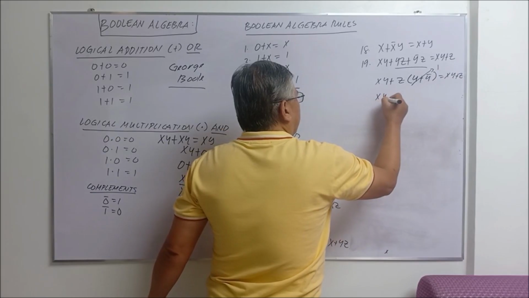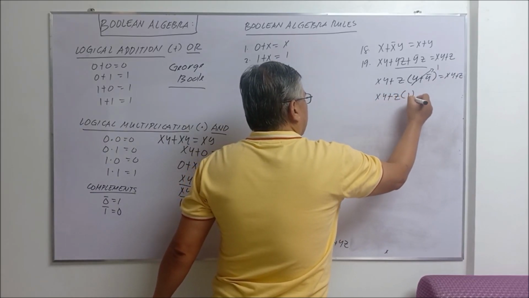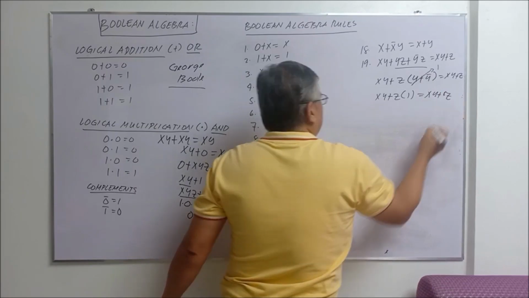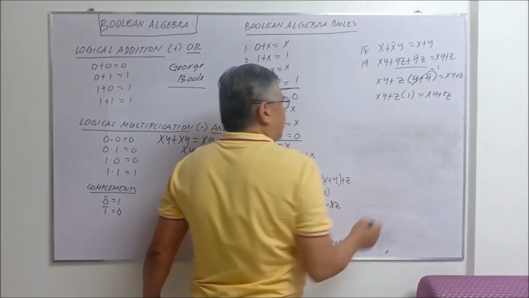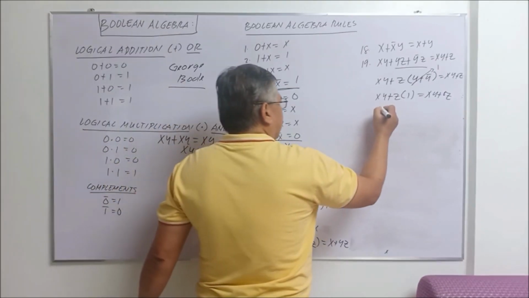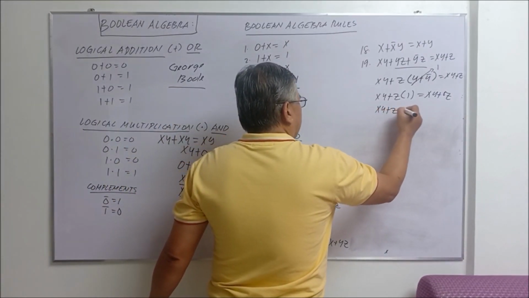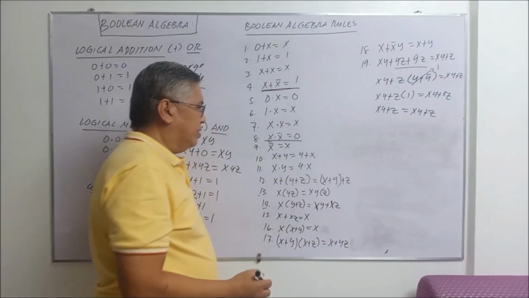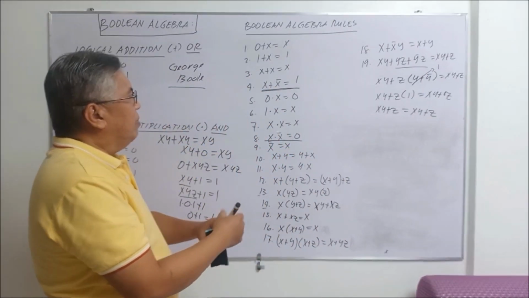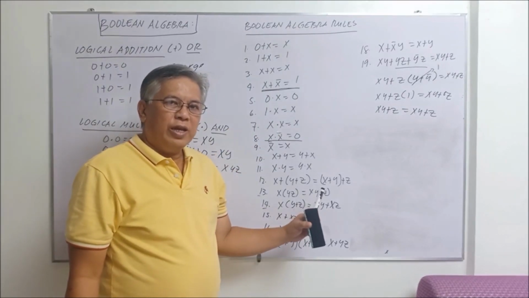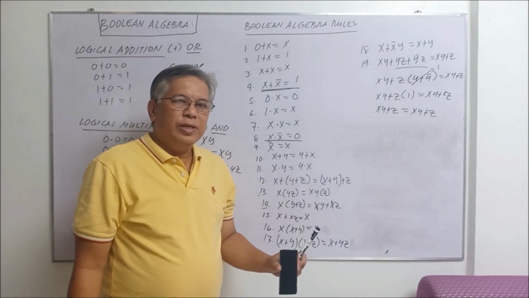So you have xy plus z times 1 is equal to xy plus z. Right? Any variable or variables multiplied by 1 is equal to that variable. So you have xy plus z is equal to xy plus z. So that's how we make use of our rules to simplify equations. So the next video, you will have an example.